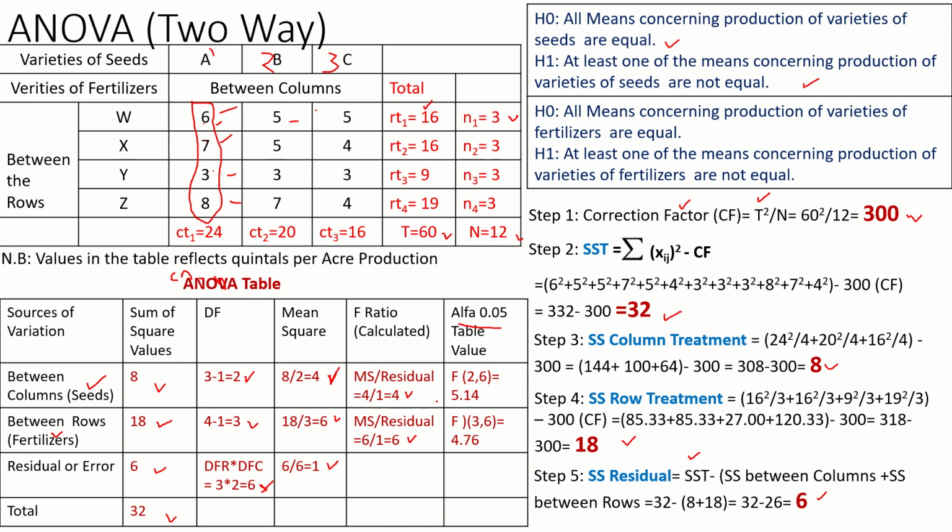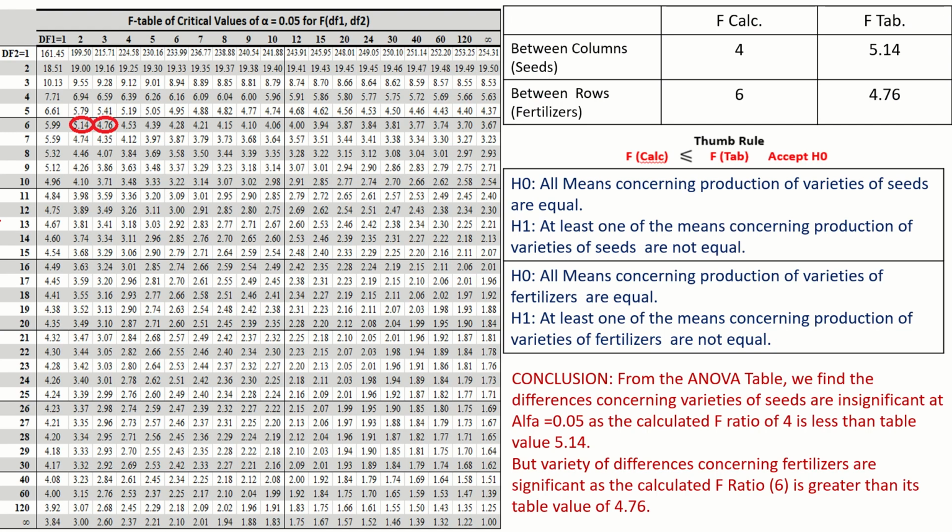Now we will compare the calculated and table values to understand whether H0 is accepted or not. Here the calculated F value is 4 for the column wise calculation and 6 for the row wise calculation.